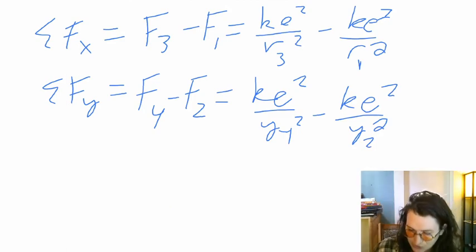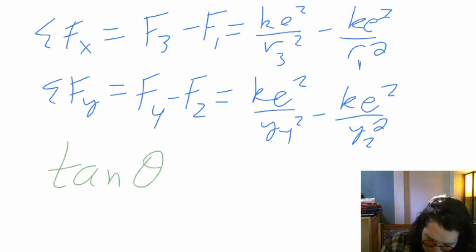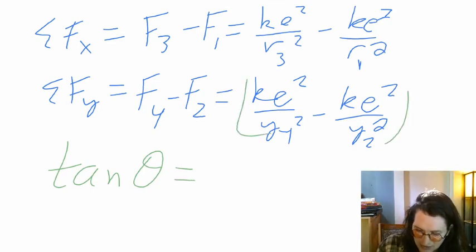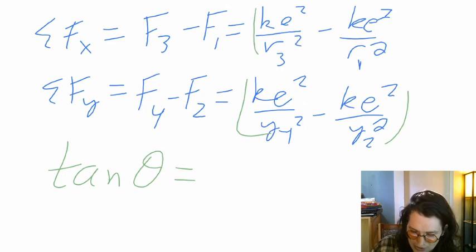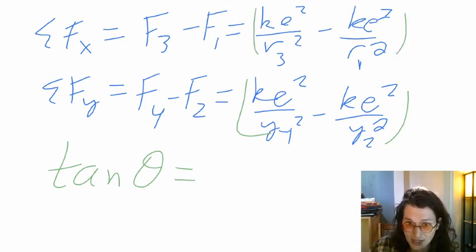Last thing I wanted to do was to set up a ratio and use our tangent of theta. Of course, we don't know what theta is initially, but we know that in general, tangent of theta is going to be the total y over the total x. So we'll have this stuff here on top over this stuff here on the bottom. And notice that when I subtract, I'll have a KE squared in everything, so I can go ahead and cancel that out.